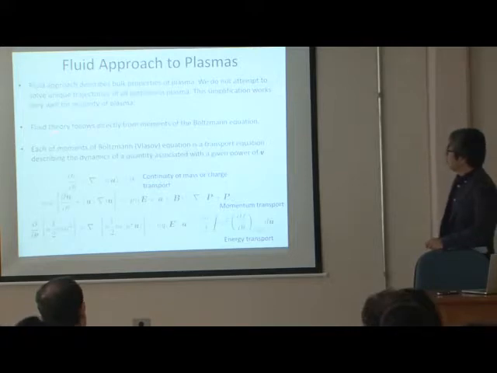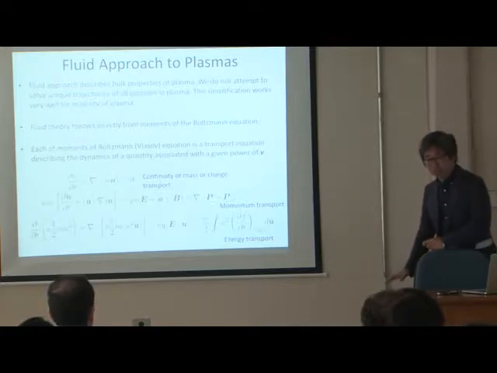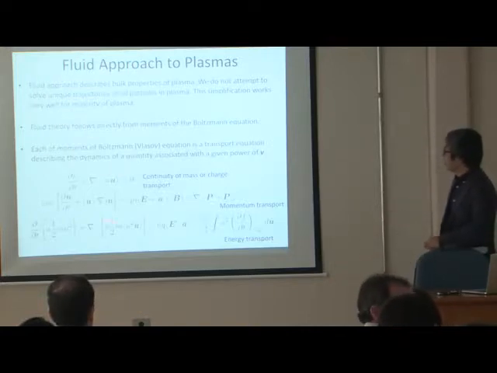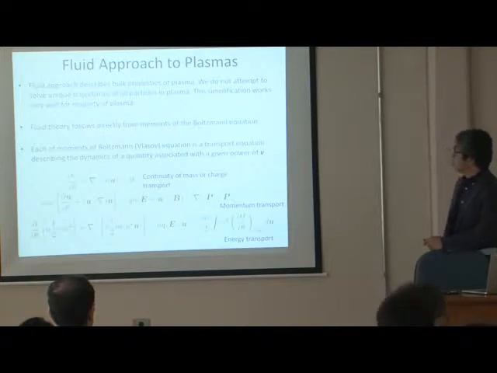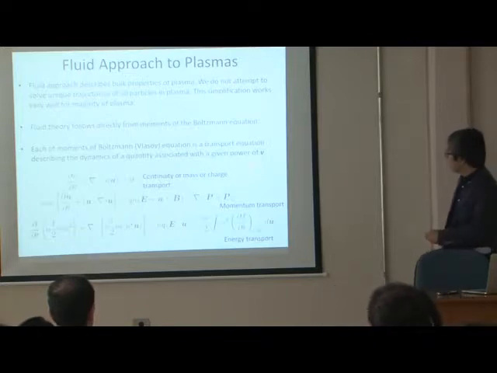So fluid theory follows directly from the moments of the Boltzmann equation. I won't say anything detailed about the Boltzmann equation, but each moment of the Boltzmann-Vlasov equation gives a transport equation describing the dynamics of a quantity associated with the given power of the velocity.